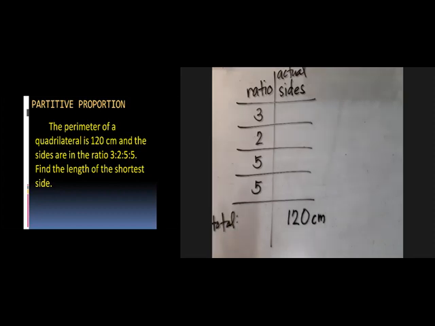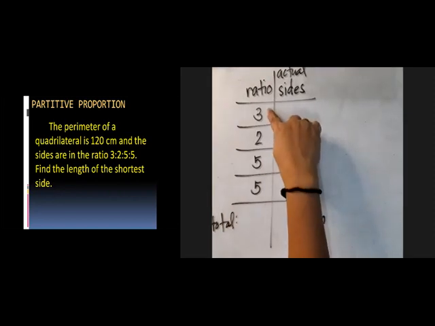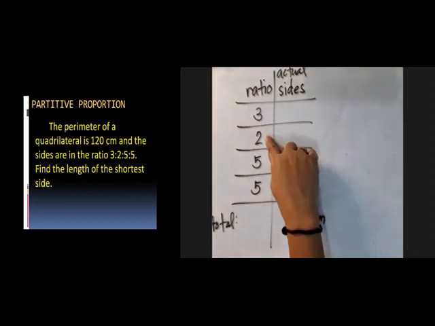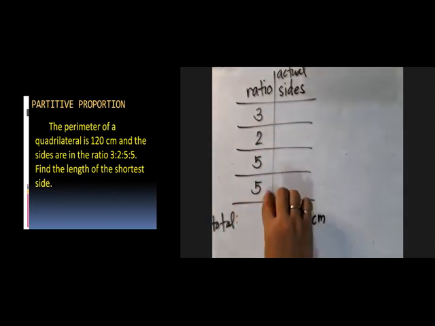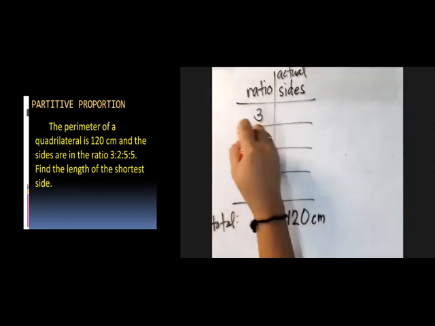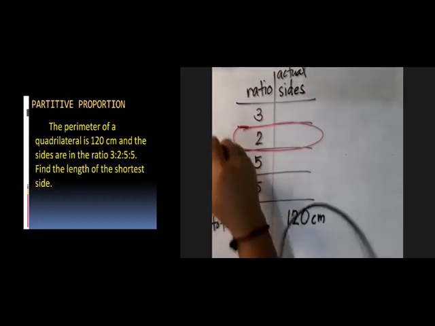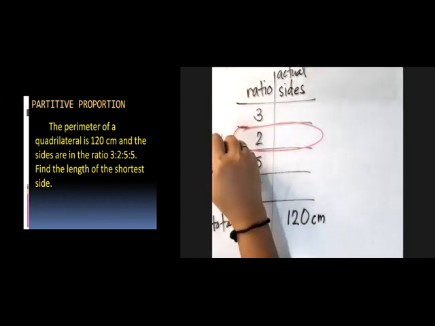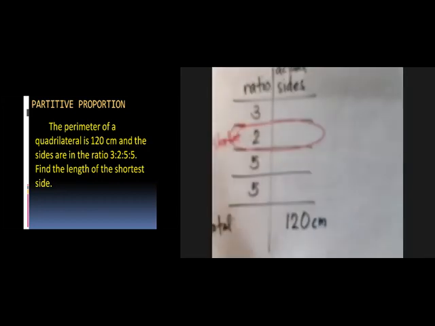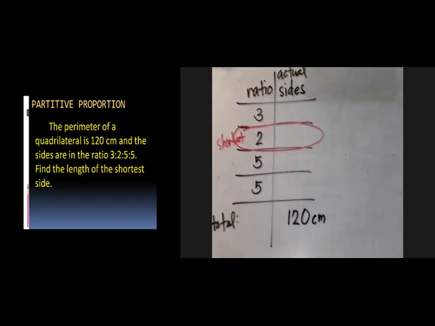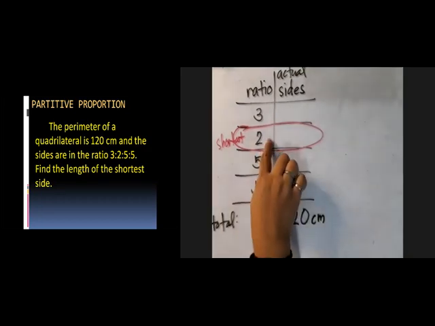Alin ang shortest side? If the ratio comes as 3:2 is to 5 is to 5, what is the shortest side? Siyempre, yung shortest side, yung smallest term. Okay? Which is 2. Ito yung shortest. Okay. Yan ang hinahanap natin, yung shortest. So, eventually, ito lang yung i-multiply natin mamaya.